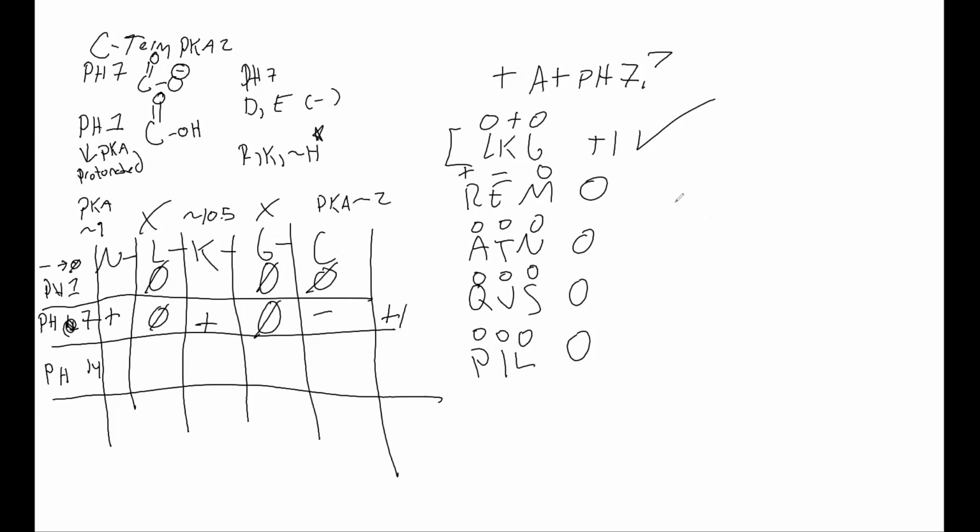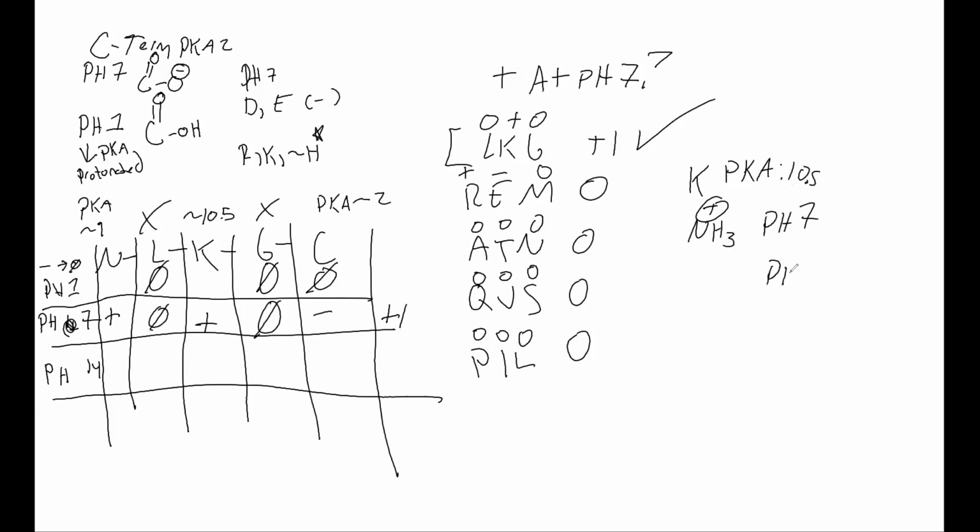So let's look at lysine now for an example. Lysine has a pKa of 10.5. The very end of the lysine is an NH3+, which is positively charged. And so at a pH of 7, we're already below the pKa of 10.5, so we're already protonated at a pH of 7.